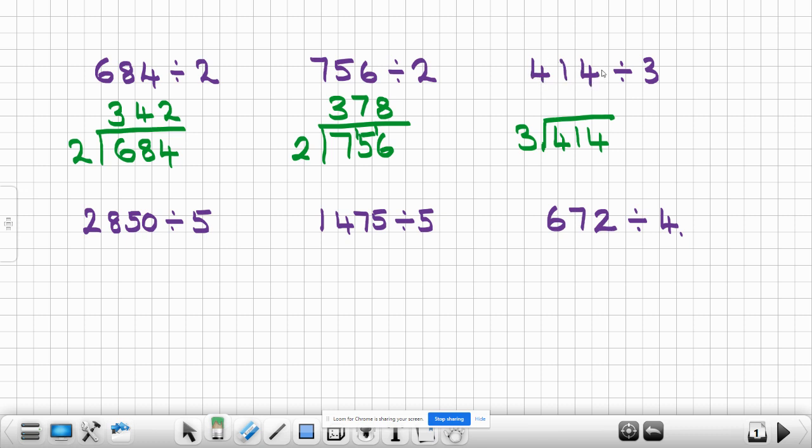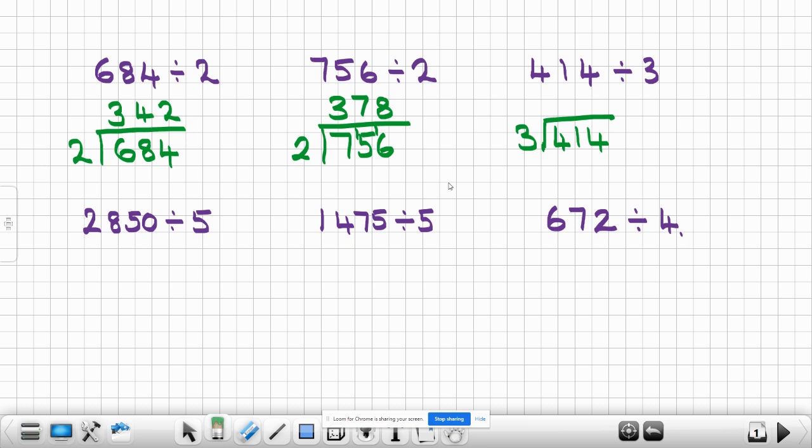If we add those digits together, and they are a multiple of 3, then we know that number can be divided exactly by 3. Let me make that clear. So add these digits, we get 4 plus another 4 is 8, plus that 1 is 9. And 9 is in the 3 times table. 3, 6, 9. So therefore, 3 goes exactly into that number.